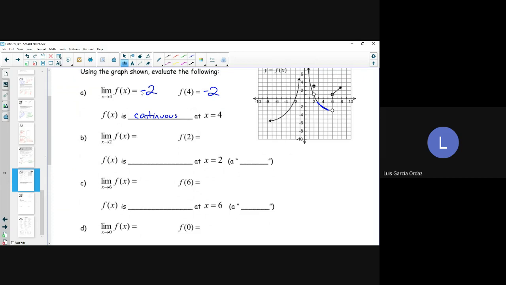It doesn't matter about the open circle that's at 2 or the open circle that's at 6. At the point of x is equal to 4, that function is continuous. All right, how about the next one? What is the limit of the function as x approaches positive 2?